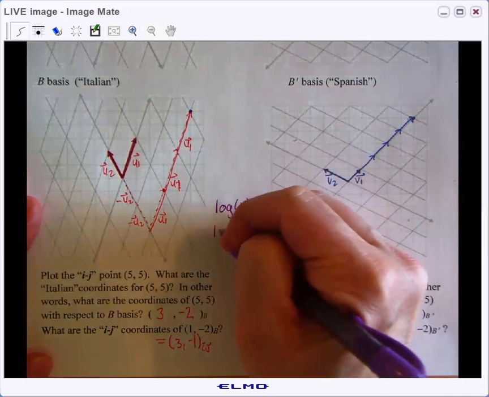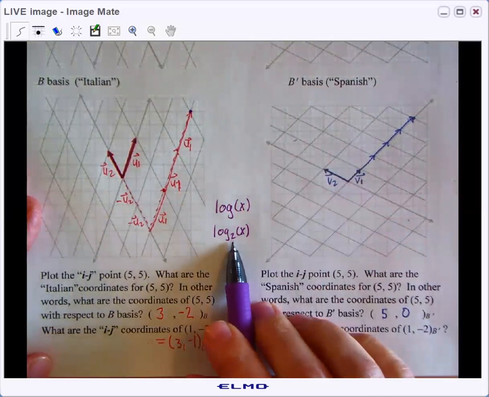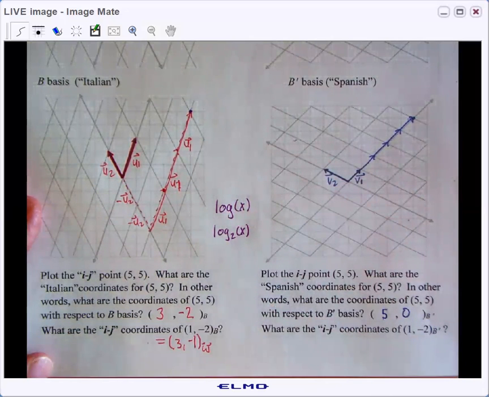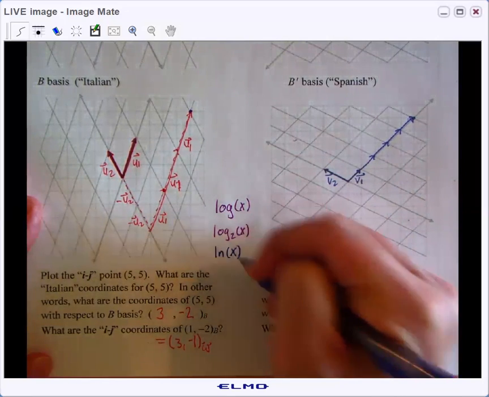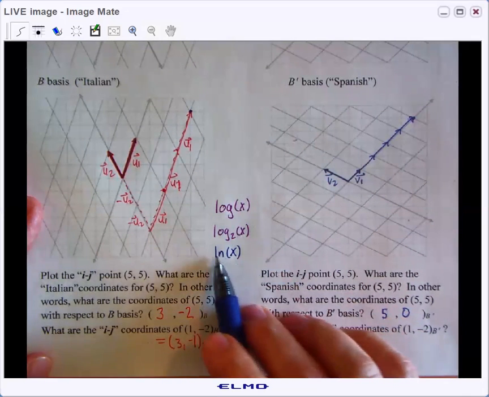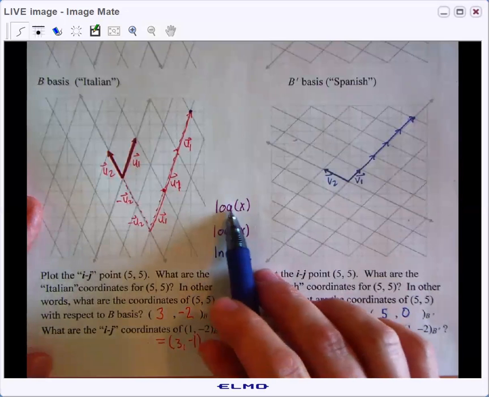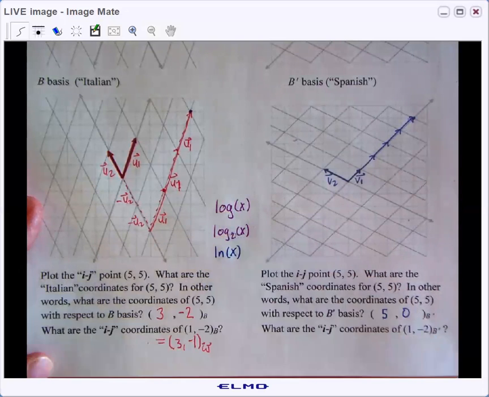If I mean log base 2 of x, I actually have to write the 2 there. Or if I mean log base e of x, which is often called natural log of x, we understand that this is log base e, this is log base 10, and if it's anything otherwise, then we denote it.